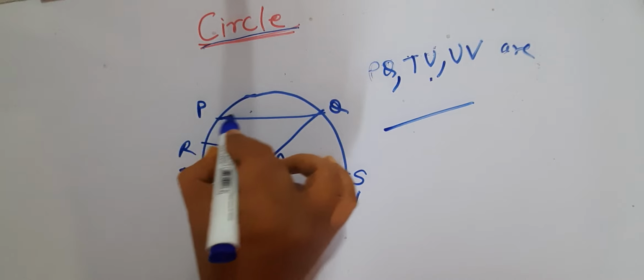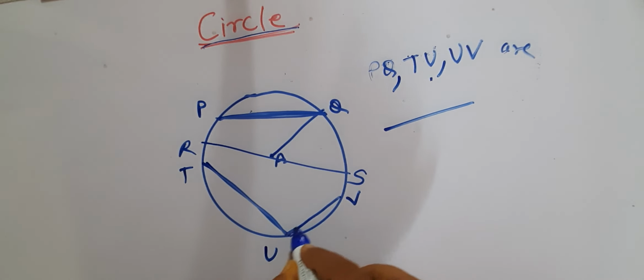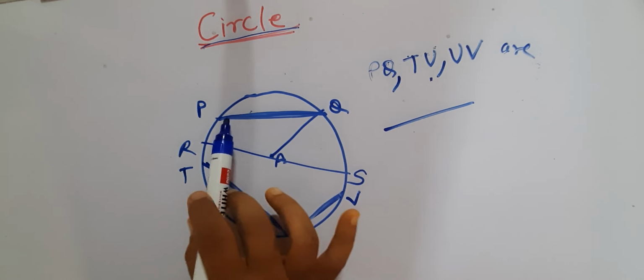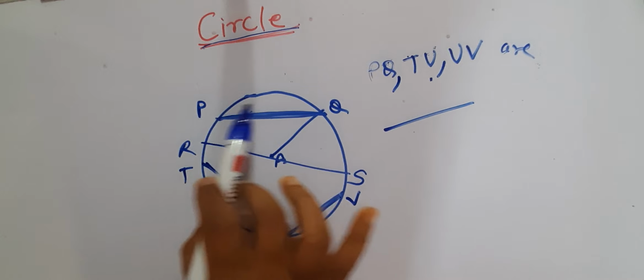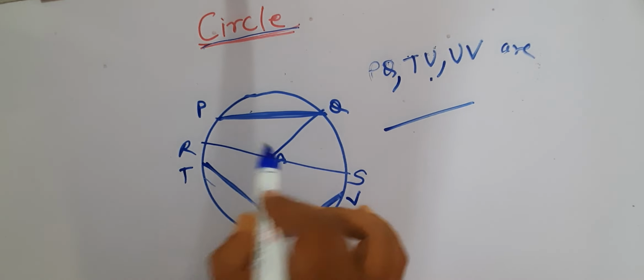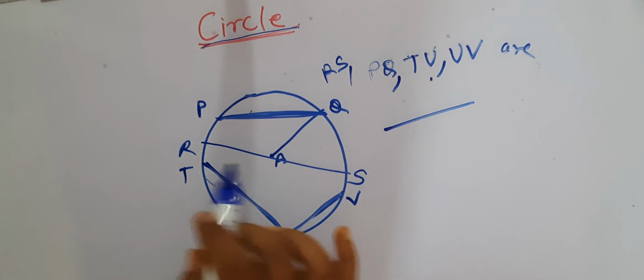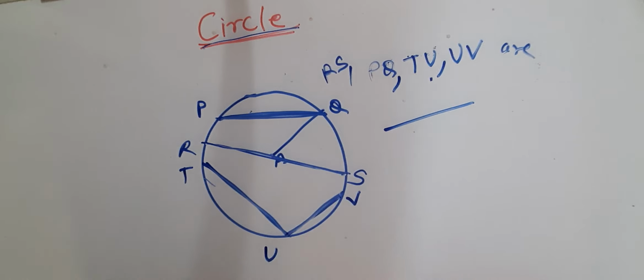We know PQ, TU, UV, these are the chords of the circle, because each is a line segment joining 2 points on the circumference of the circle. Again, if they had given us RS as well, then RS is also a chord of the circle.